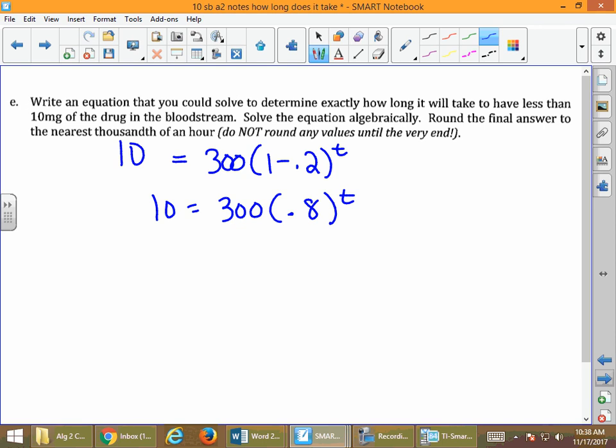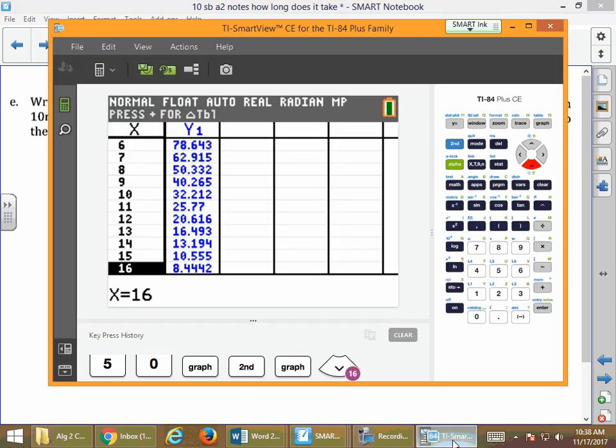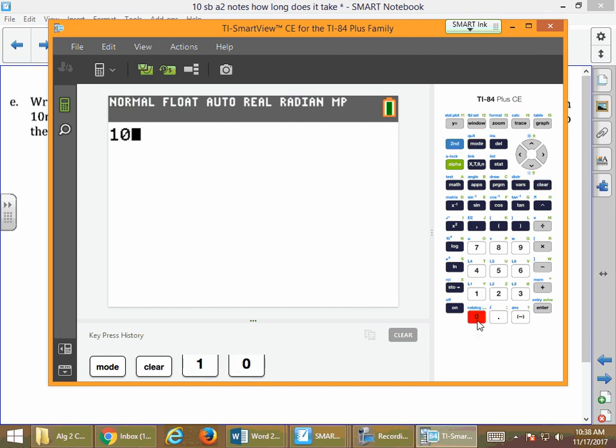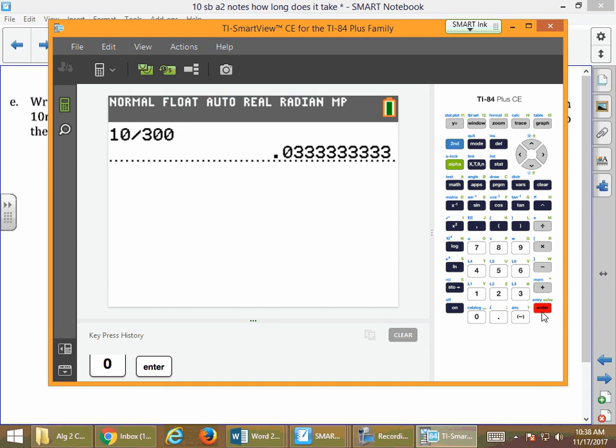But the reason that we say do not round any values until the very end is because in order to solve this, we need to isolate the variable. So we're going to divide both sides by 300. That's our first step. Divide both sides by 300. And if you type in your calculator 10 divided by 300, you're going to come up with this repeating decimal.